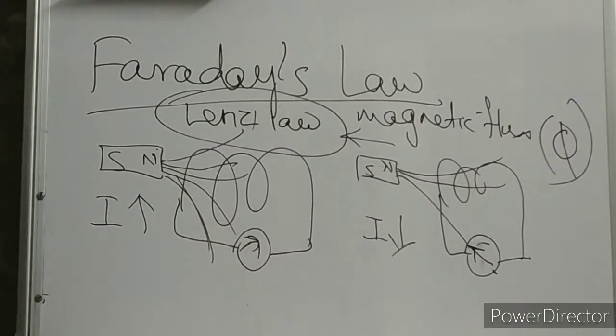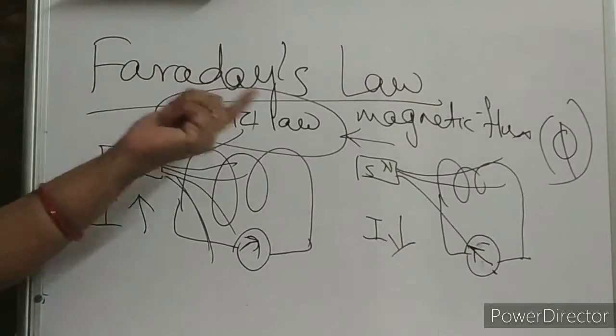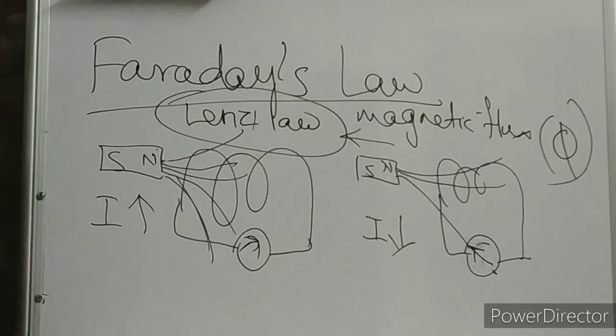Like we are parents to our kids, so we are the creator; now the kids' job is to oppose the creator. Lenz law in vague terms: it opposes the creator. Whoever creates you, your job is to oppose it. What does it mean again?